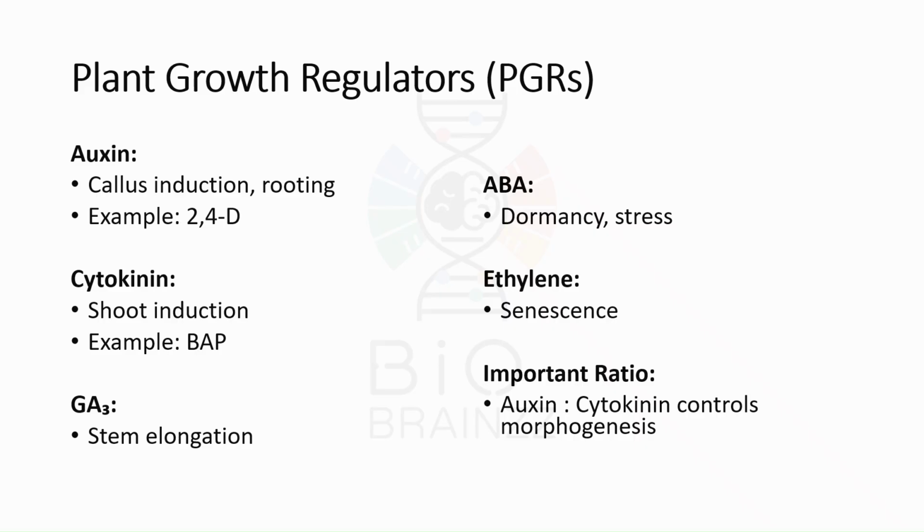Other hormones like gibberellins help in stem elongation. ABA is related to stress and dormancy, and ethylene causes aging. For GAT-B, remember examples like 2,4-D, an auxin, and BAP, a cytokinin, and especially the auxin-cytokinin ratio concept.